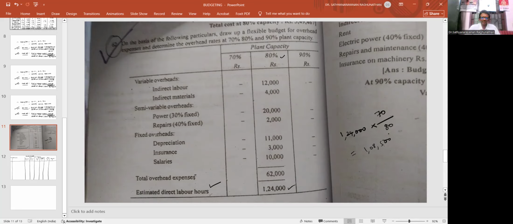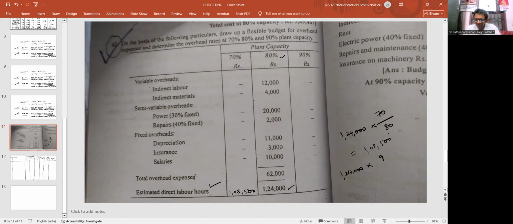1,08,500. Fine. So here the estimated direct labor hour for 70% capacity is 1,08,500. Now here we are going to calculate the estimated direct labor hour for 90% capacity. 1,24,000 into... So here, what is required for us?